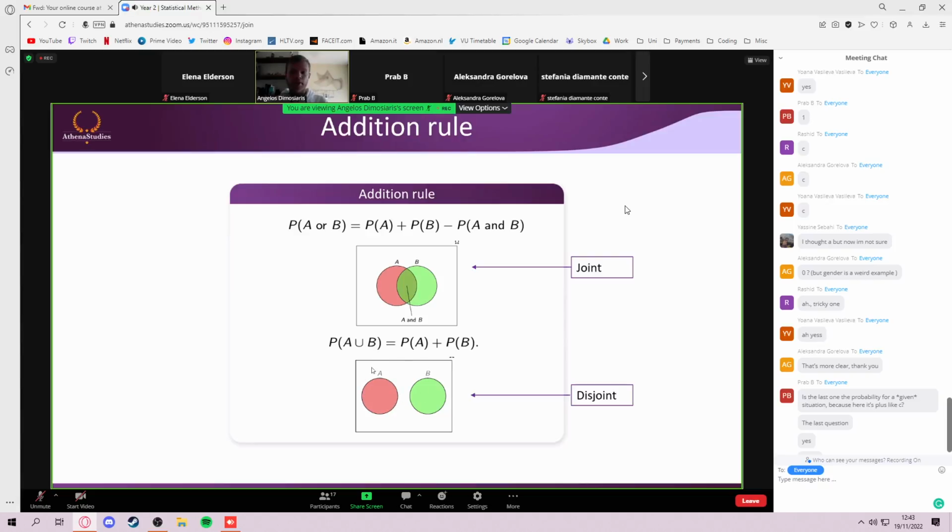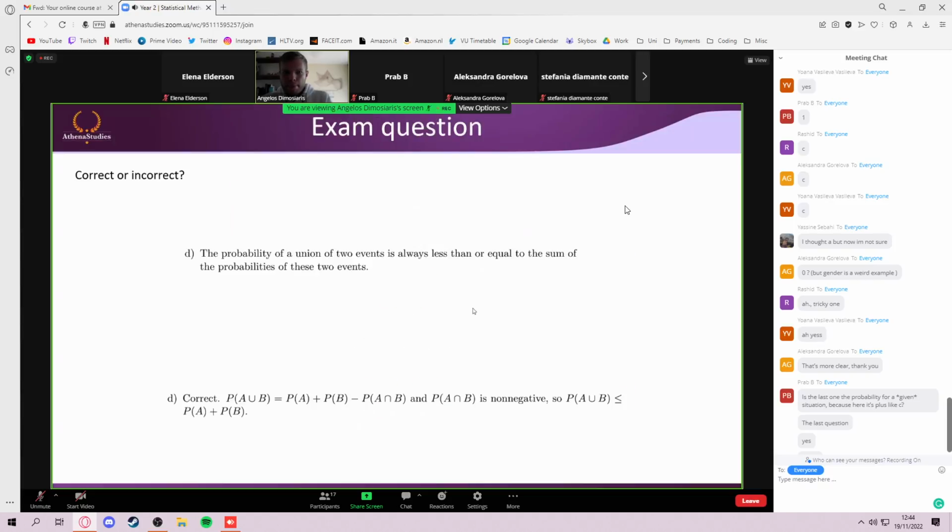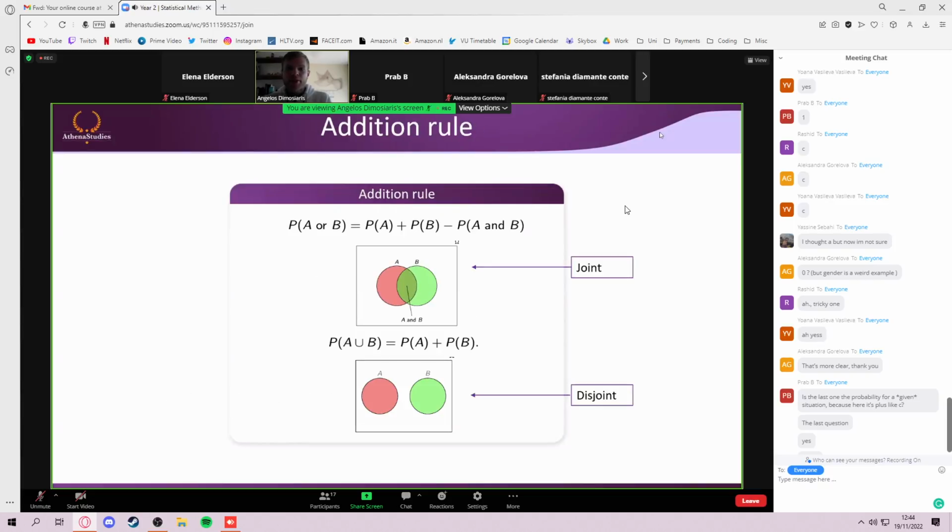So what's the probability of being young? It's 8 divided by 16, so it's 0.5. And being old has exactly the same probability, 8 divided by 16, again 0.5. So in that case, the probability of selecting a young or an old person would be 0.5 plus 0.5, which is 1. That makes sense because I will definitely select either a young or an old person. Okay, makes sense here? The addition rule is clear?